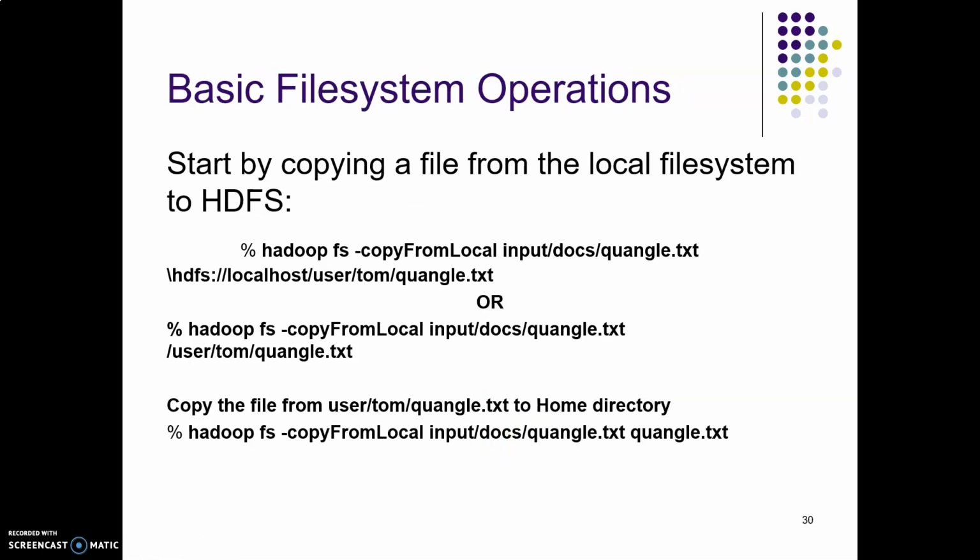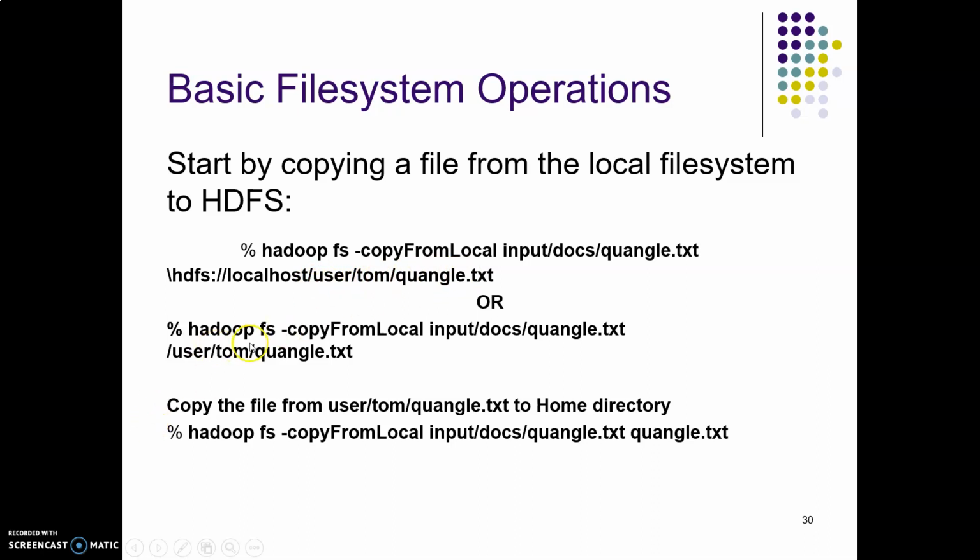Now basic file system operations, where we copy a file from the local file system to HDFS. For this we make use of a command called hadoop fs, where fs is for file system, and this is the command we use for copying things from the local computer. This is the file name, and we are trying to put it into the user directory inside the HDFS cluster.